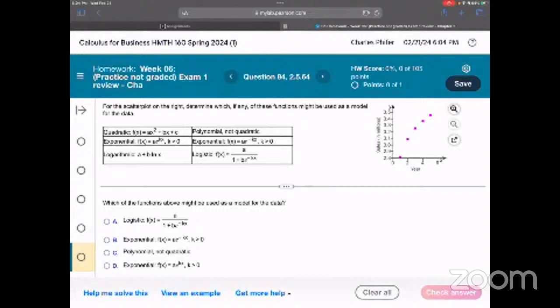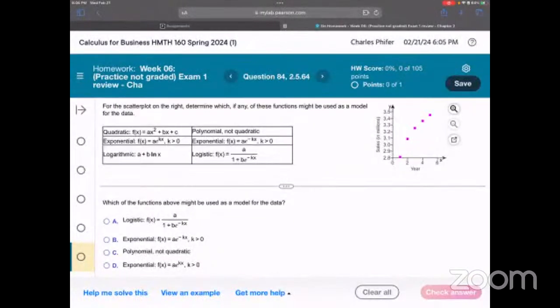If anything, it's more so behaving like a log, right? It's polynomial, but not quadratic. What's shown is a portion of a log function. It could either be a log function or a quadratic. Which of the functions might be used as a model for the data?